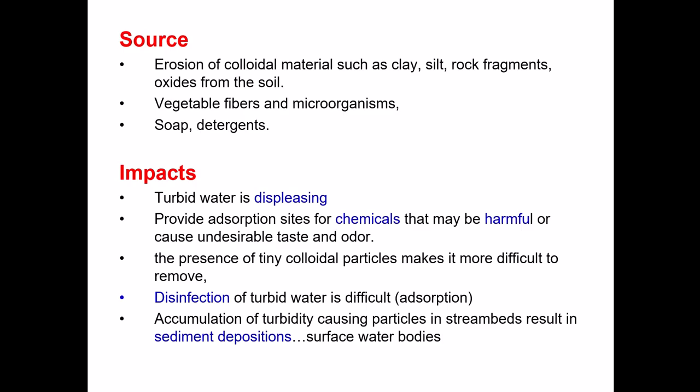It also provides sites where chemicals can attach, which might be harmful or cause bad taste and odor. Tiny colloidal particles make water harder to treat, and disinfection becomes more difficult because the particles can absorb the disinfectant. Finally, when turbidity-causing particles accumulate in stream beds, they can form sediment deposits in surface water bodies.